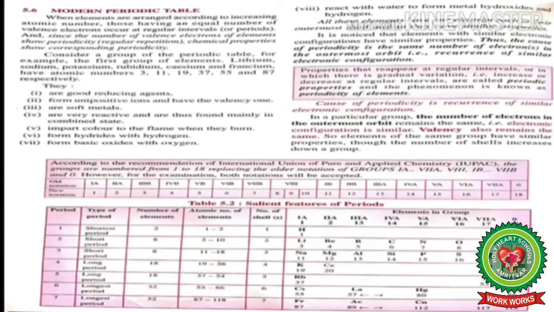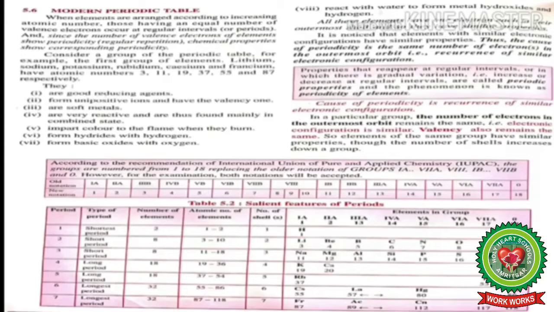They are good reducing agents, form unipositive ions and have valency 1, are soft metals, are very reactive and are thus found mainly in the combined state, impart color to the flame when they burn. Sixthly, they form hydrides with hydrogen, and seventhly, they form basic oxides with oxygen.